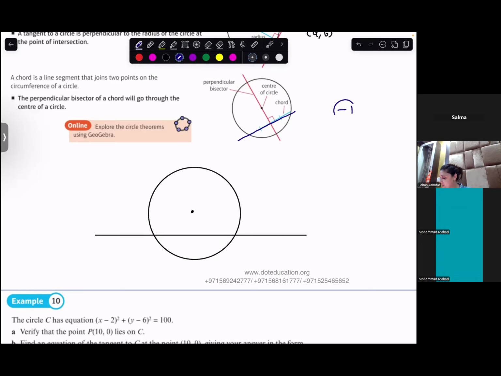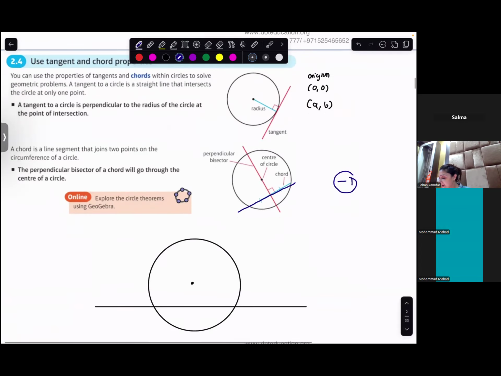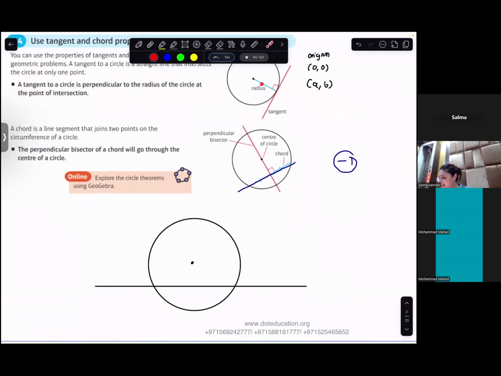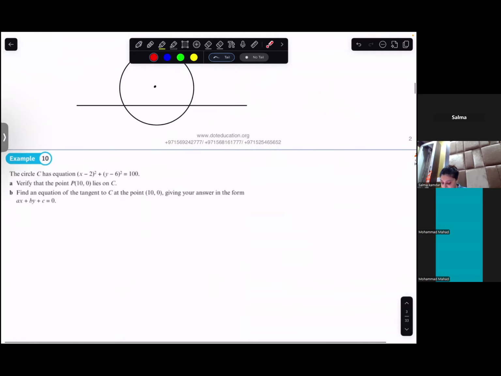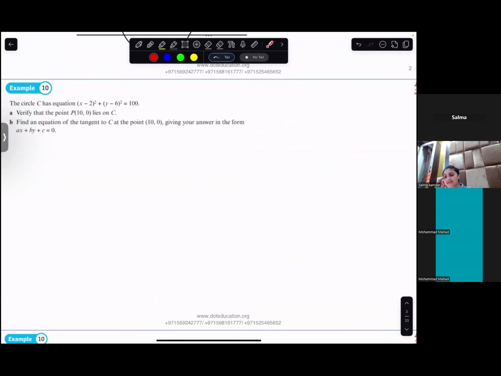It is going to be -1. Similarly, the relationship between the radius and the tangent, their gradients' product is going to be how much? -1. Now, whenever you have any sums related to the circle, it is always advisable that you draw a diagram and then solve.